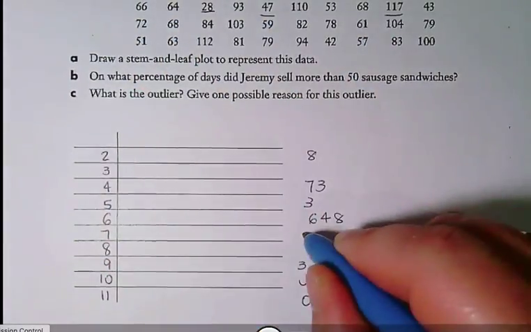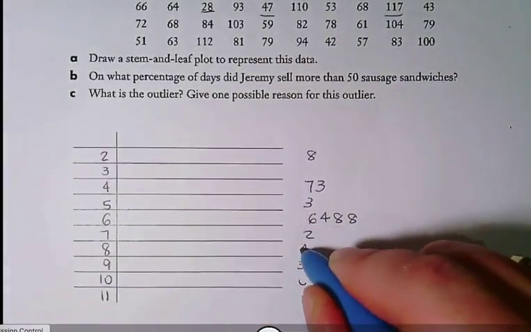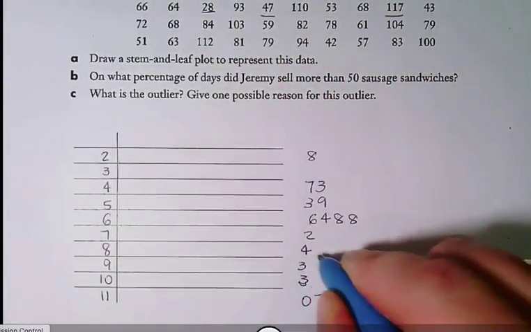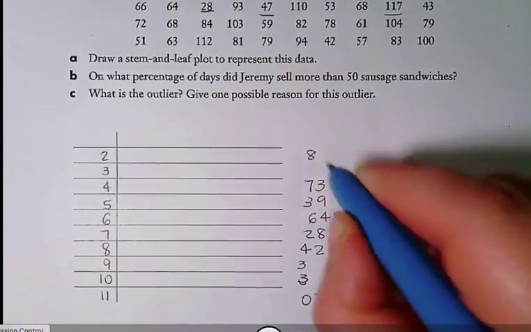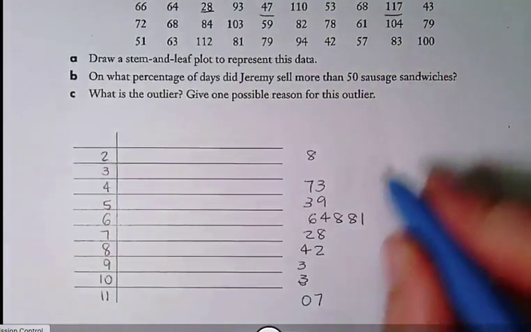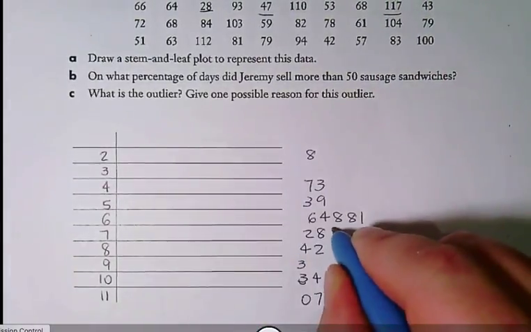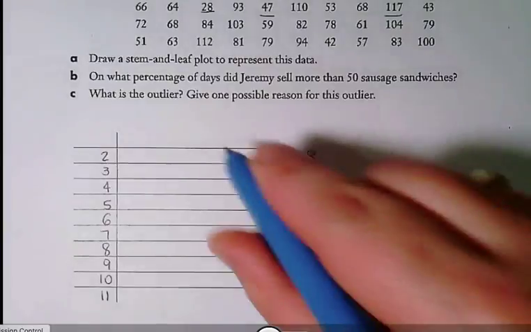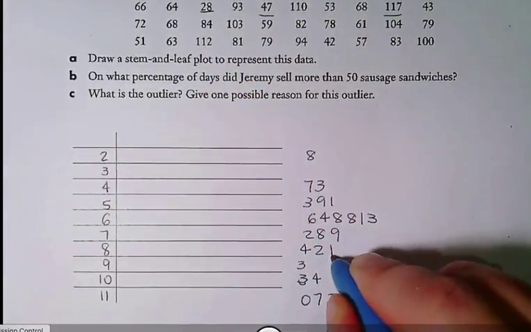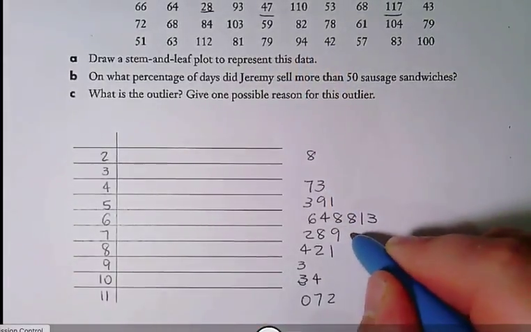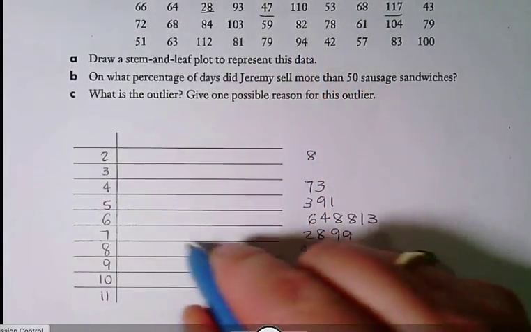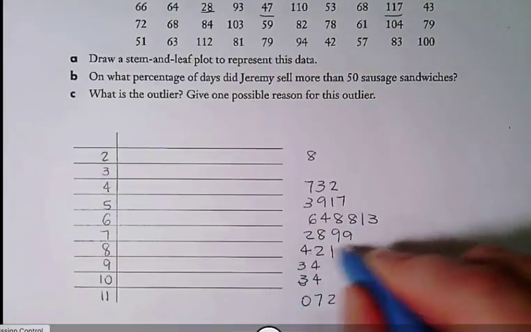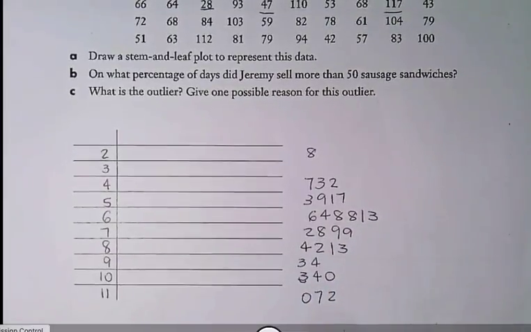And we've got 72 and 68, and then 84, 103, 59 and 82, and 78 and 61, 104 and 79, and 51 and 63, 112 and 81, 79 and 94, 42 and 57, 83 and 100. Okay, so now I'm going to order those.